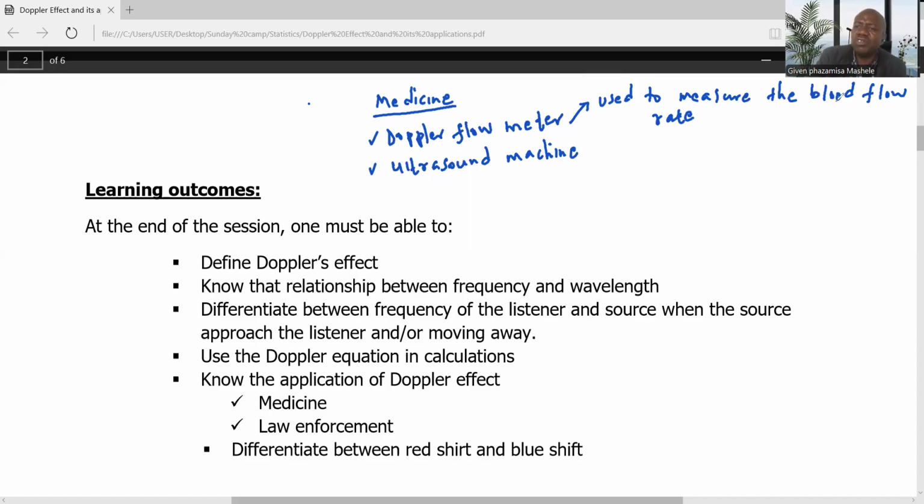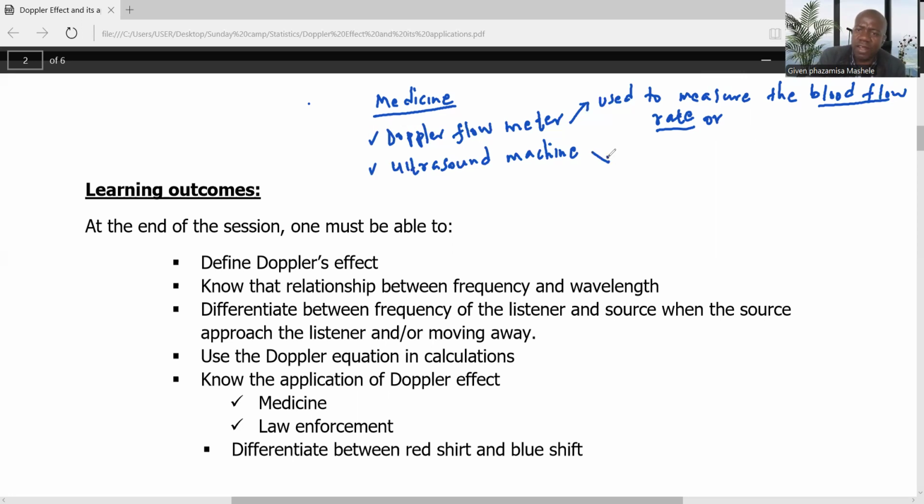It's just an instrument that is used to measure the blood flow rate. How fast is the blood running? Actually, it can also be used to measure the heartbeat in a fetus or an unborn baby. So this is one of the apparatus used in medicine.